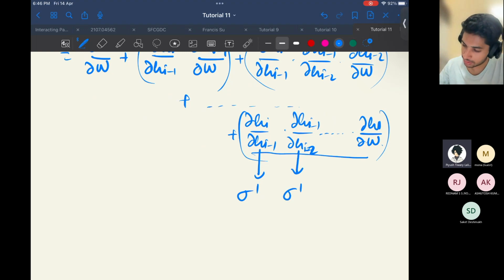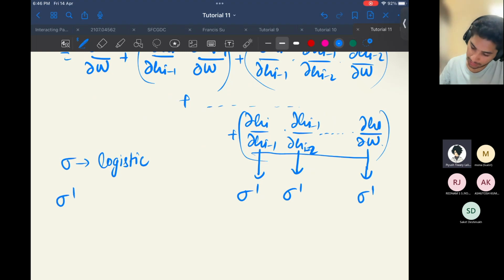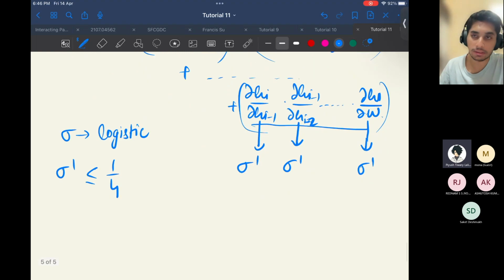Something like this will also be sigma dash, and this will also be some sigma dash. The problem with certain activation functions is that, if sigma is your logistic function, let's say, then sigma dash is less than or equal to 1 by 4. This is something that you can prove.